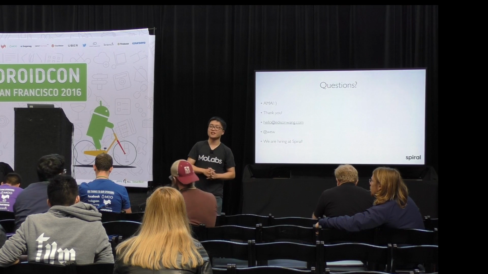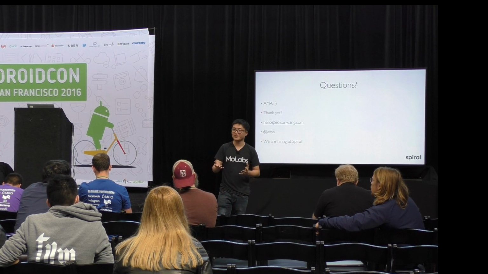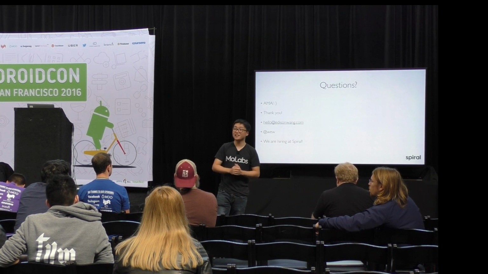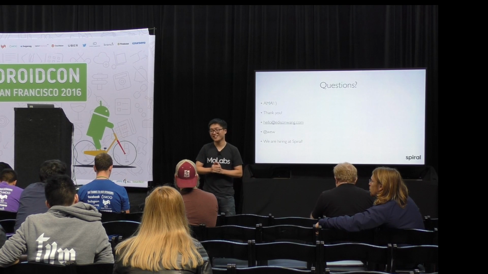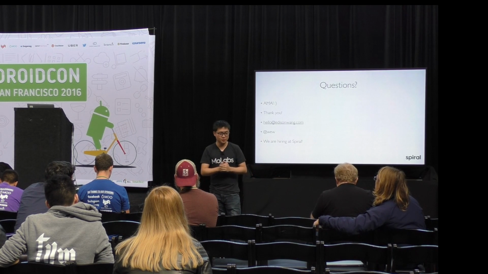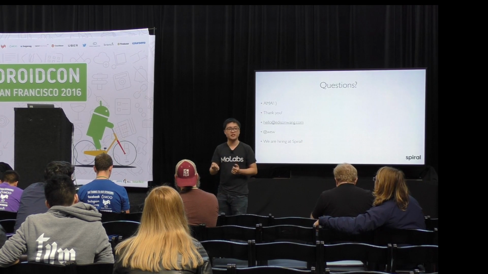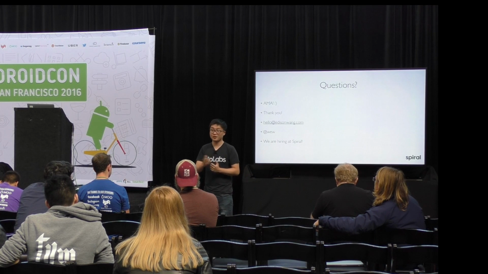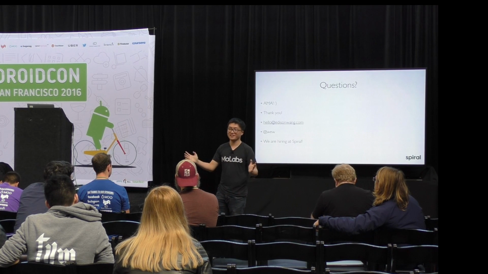So the question is, in ExoPlayer, are there any TextureView examples? No, there is not. So if you want to use a TextureView with ExoPlayer, you want to look into the Grafika library. The Grafika library shows you all the cool things with views and media together.